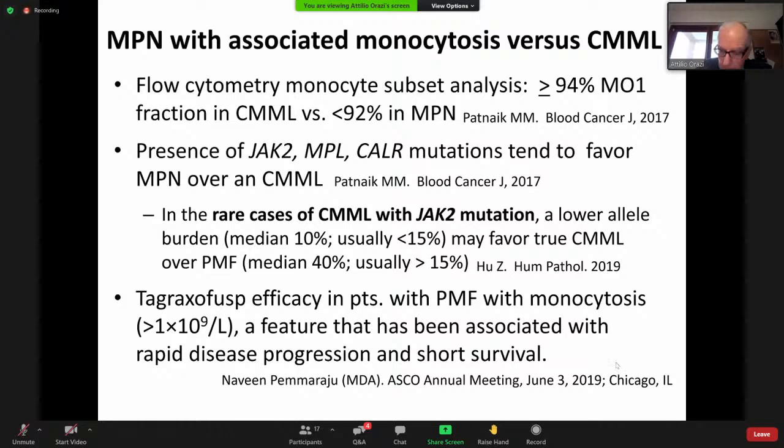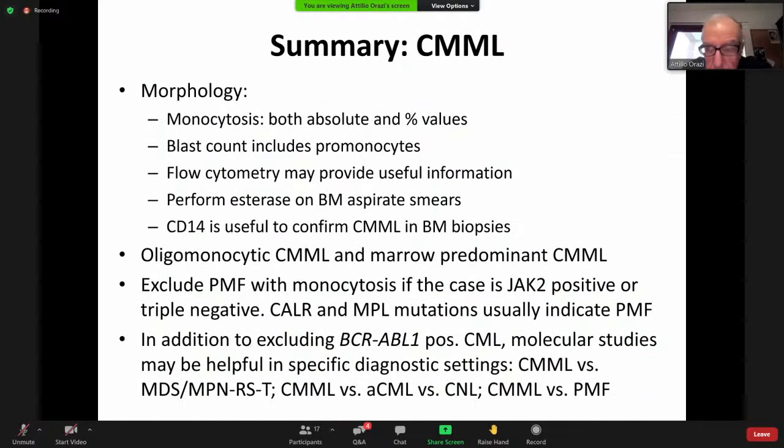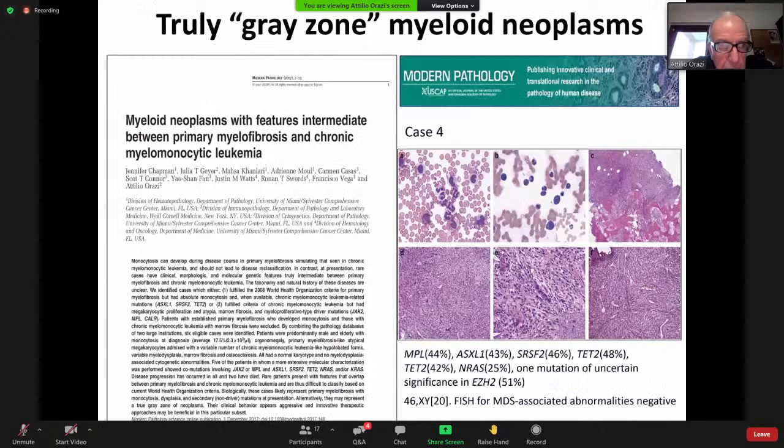Okay, now we are making everything very simple, but it's not, as you know, and there are rare patients who really you can't tell. So it's what we call a gray zone myeloid neoplasm, borrowing the terminology from lymphoma, because there are situations like this case I'm showing to the right, which was in the study, in which you have very high allele burden for MPL mutation.